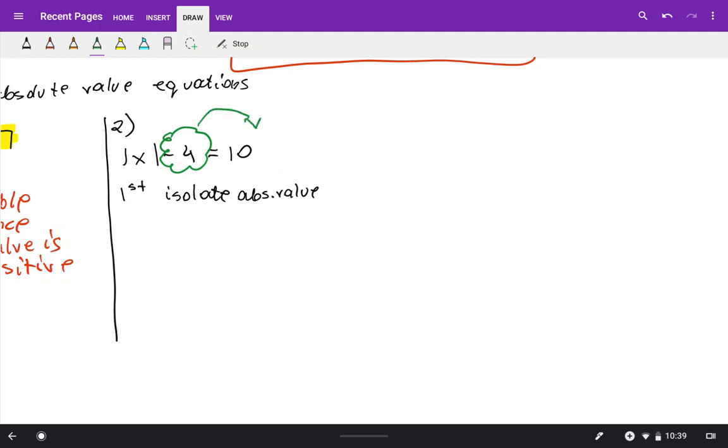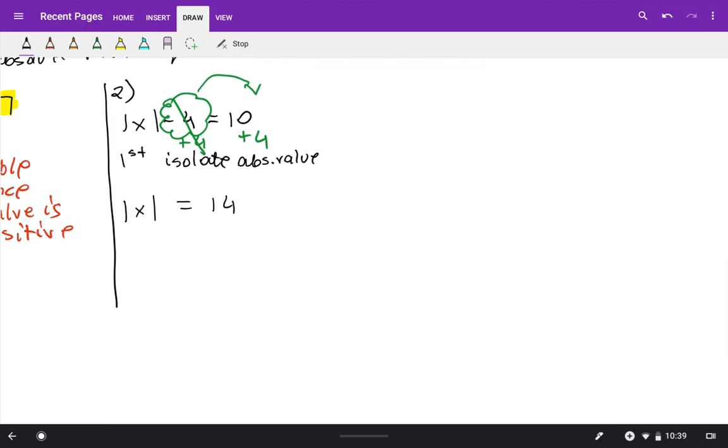So we're going to add 4 to both sides because that will cancel, and now we have the absolute value of x equal 10 plus 4, which is 14. Now when you have only absolute value on the left side, you're ready to apply step 2. So second, solve 2 equations. Now we're ready to solve 2 equations.